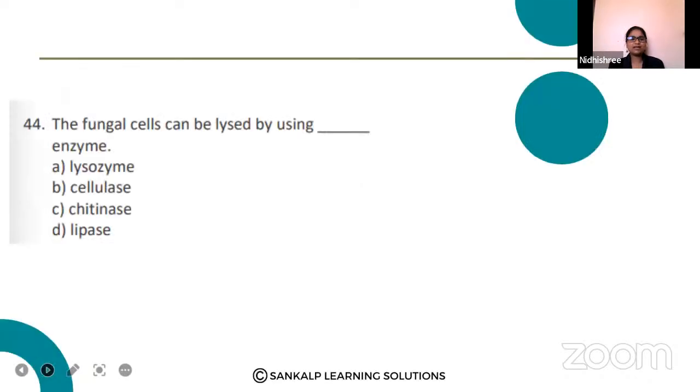The fungal cells can be lysed by using dash enzyme. Option A, lysozyme. Option B, cellulase. Option C, chitinase. Option D, lipase. Option C, ma'am.